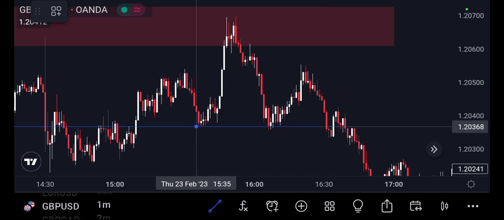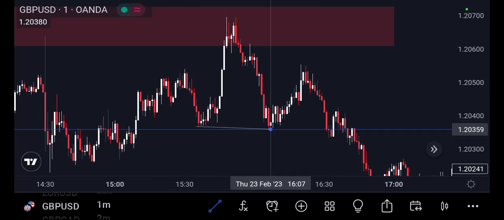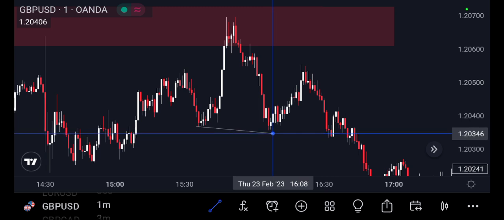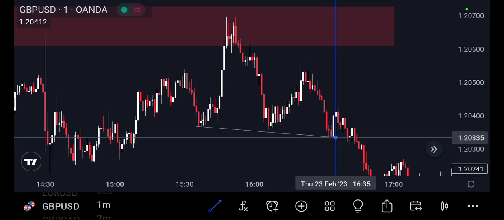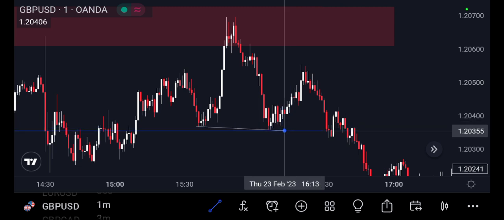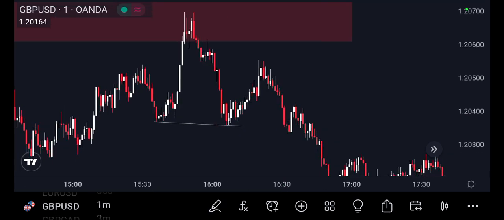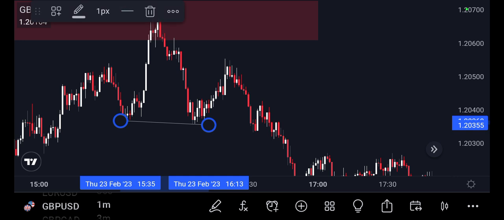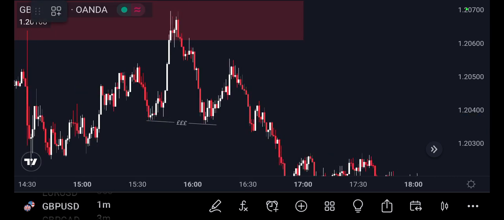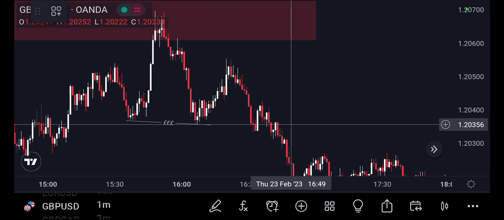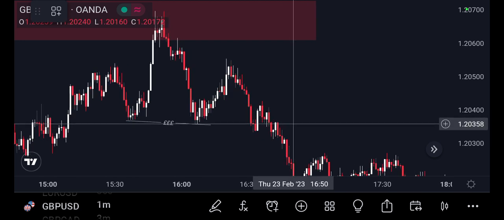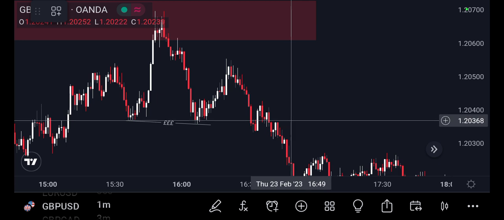There was no break of structure here, but there was liquidity. Remember I said that if you see liquidity below, you can just mark out the supply zone, and that is it. So price gave liquidity here, and you're certain that price is in a downtrend. Don't forget, if it was in an uptrend and you saw something like this, don't enter the trade because it's just nothing.